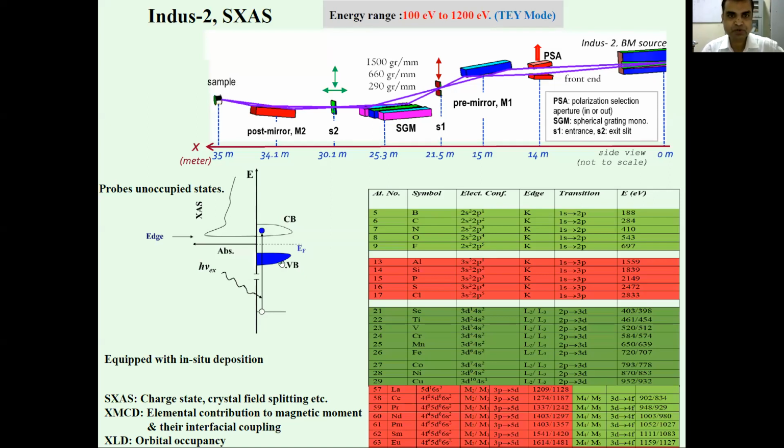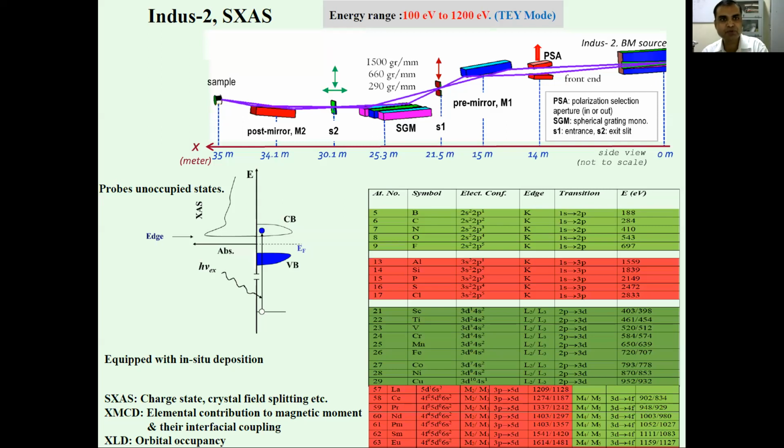So this is also photo absorption only. When the incident photon energy is equal to the energy difference between the binding energy and the conduction band, that photon is absorbed by the electron, and it is excited to the conduction band. In photoelectron spectroscopy, if you remember, we have the incident photon energy and record the emitted electrons' kinetic energy.